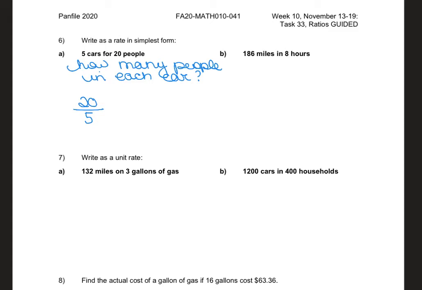Okay, and we want to simplify this. So again, we do what we did the other night. I can rewrite 20 as 5 times 4. I can rewrite 5 as 5 times 1. I get rid of the 5s. So I have 4 people in every one car.